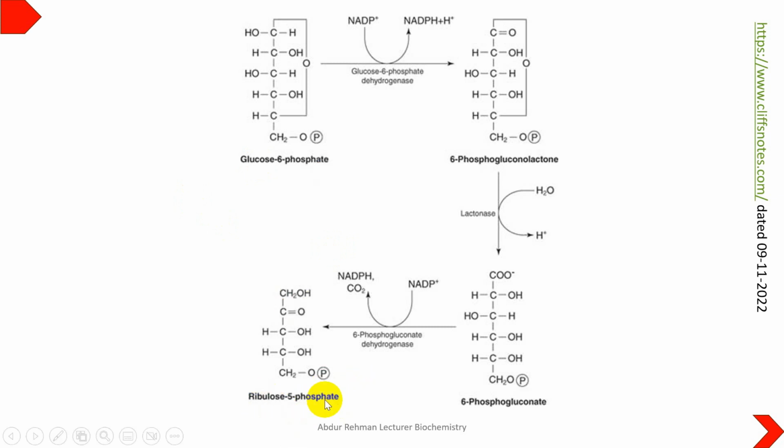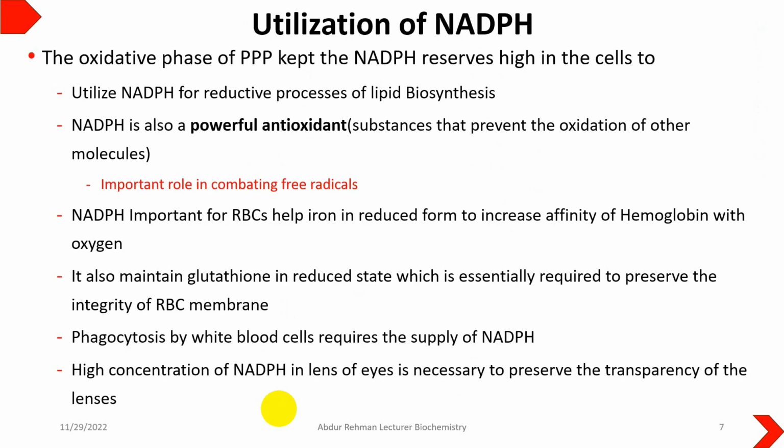It gives you two important molecules: ribulose 5-phosphate and two molecules of NADPH. The ribulose 5-phosphate will further lead to the non-oxidative phase, which we will discuss. But first we will see the utilization and importance of the NADPH that has been generated in the oxidative phase for us.